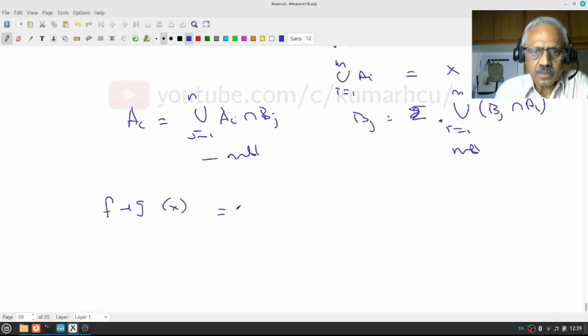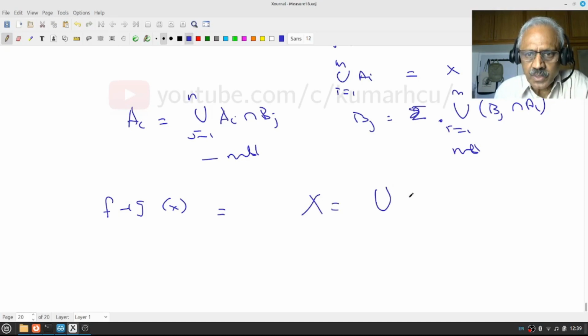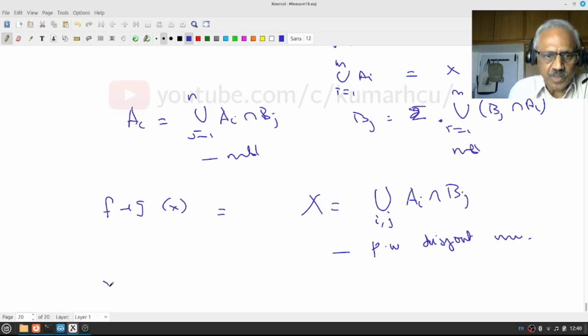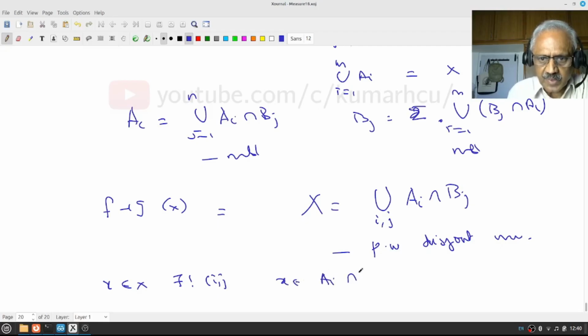So therefore, as I said, x is the union of A_i intersection B_j, i and j both varying, and this is a pairwise disjoint union. Therefore, if x belongs to capital X, there exists a unique pair i and j such that x belongs to A_i intersection B_j.